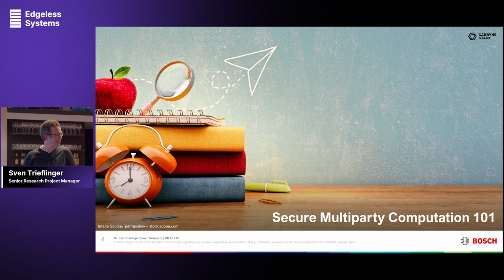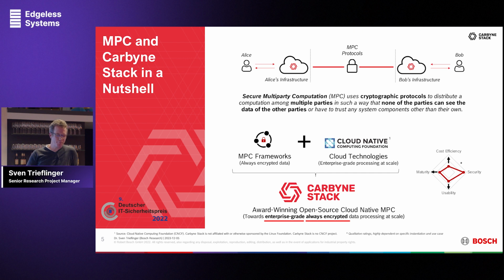So I guess most of you have not heard about secure multi-party computation before, so I will give a very brief overview. It's somehow related to confidential computing because it gives similar guarantees, but on a different basis. We will get to that soon. But here's the 101. Secure multi-party computation enables a group of people running infrastructure that allows them to work on data while it is encrypted all the time.